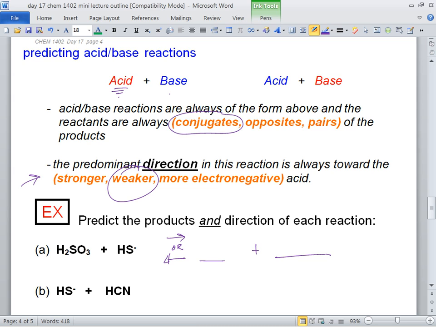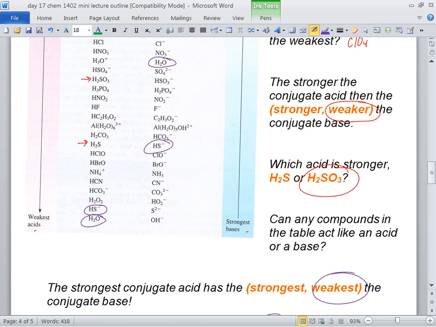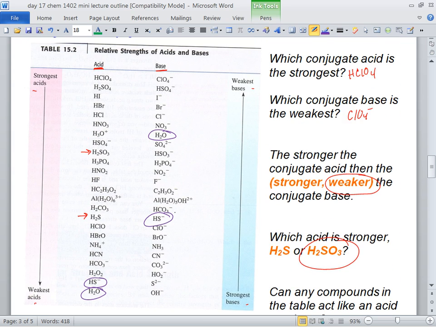Now remember, these have to be conjugates, right? I guess what I'm shooting for is identifying what's what over here. Because remember, didn't we say, and we did, we circled it, hydrogen sulfide can go either way.